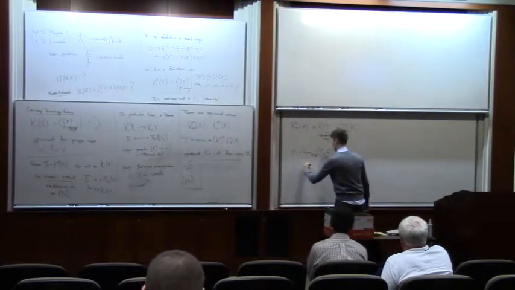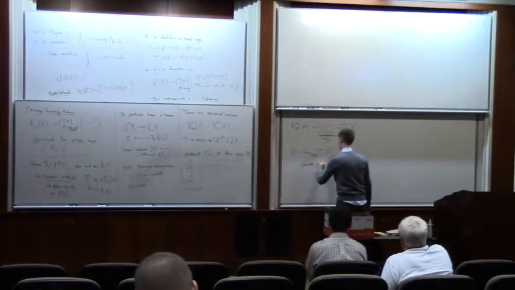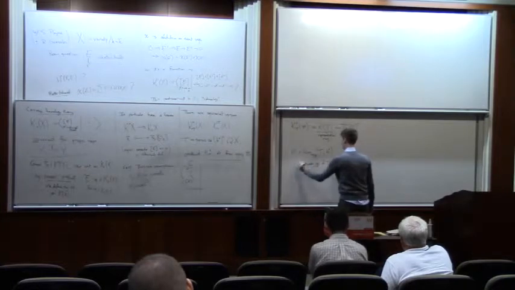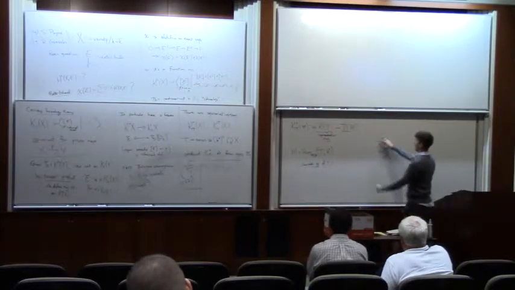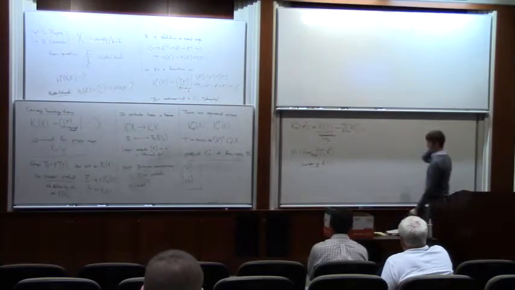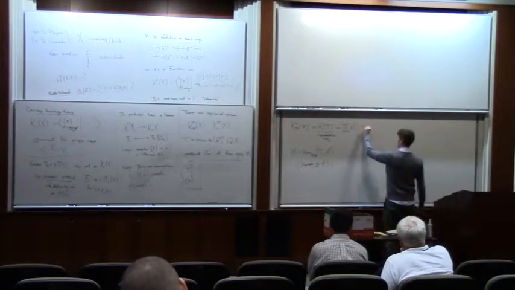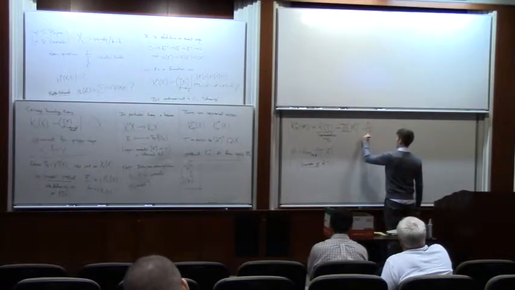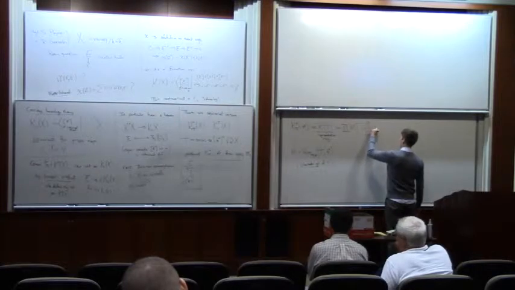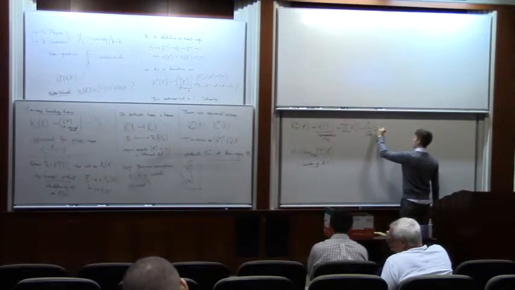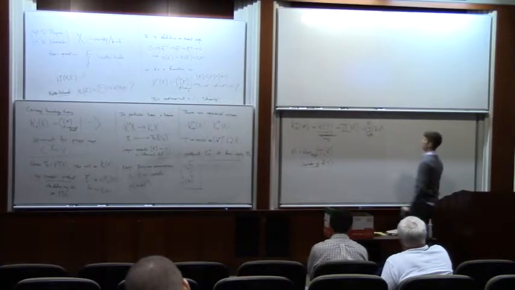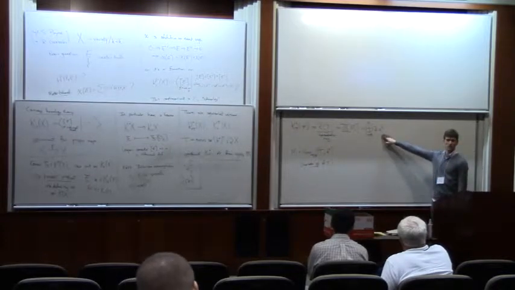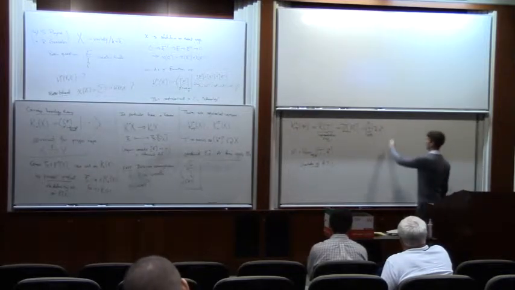So this is the character group of T. And it's nice to write these in exponential notation. So the group algebra of this is going to just get written this way. So there's a basis one for every character.